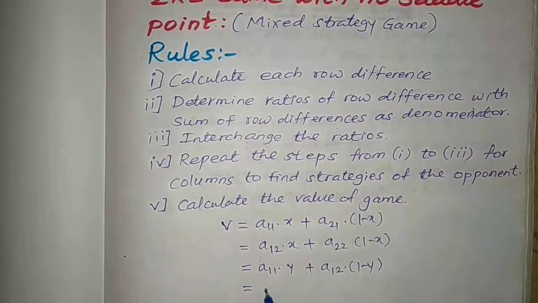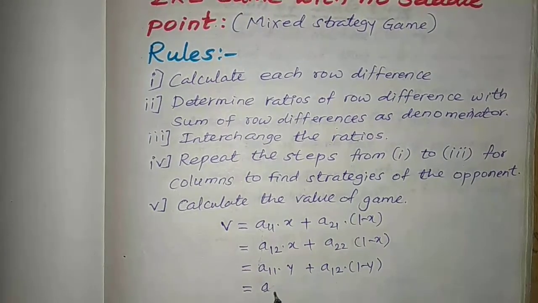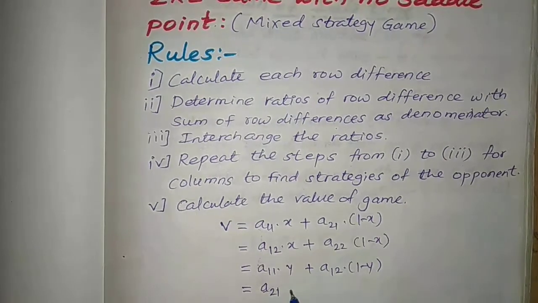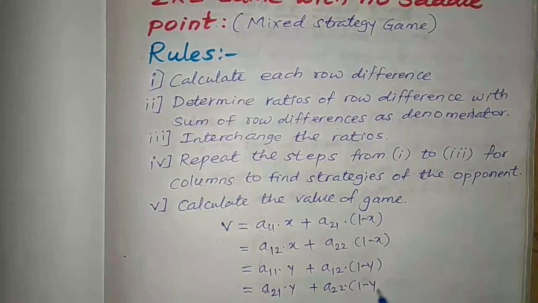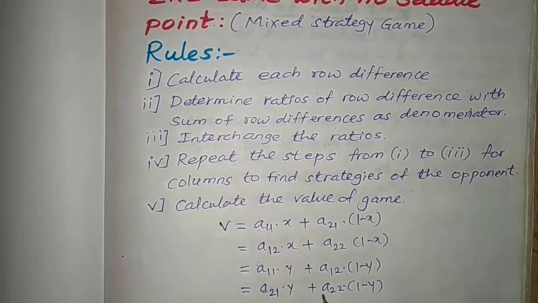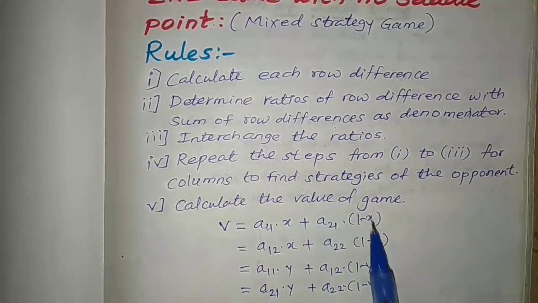Or if player A uses strategy 2 throughout, then the value of game can be written as a21 into y plus a22 into 1 minus y. By using any one of the formulas, we can calculate the value of game.